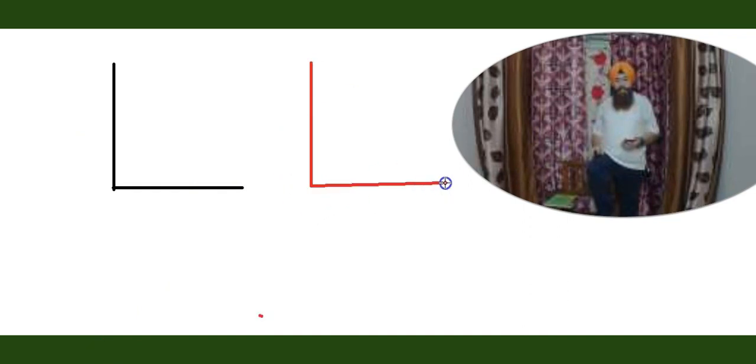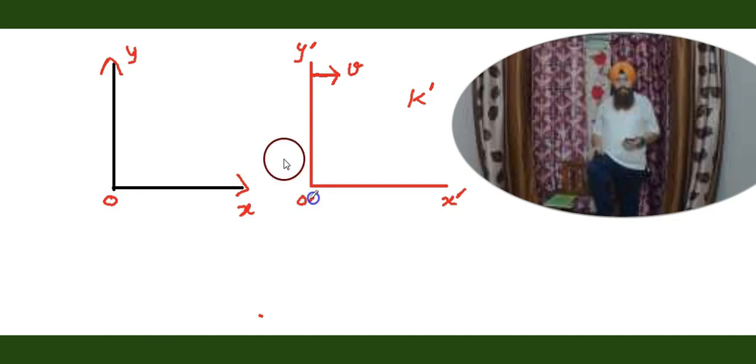This is the new position, with coordinates x dash and y dash. K dash is moving with velocity v with respect to the frame K, with coordinates x, y.